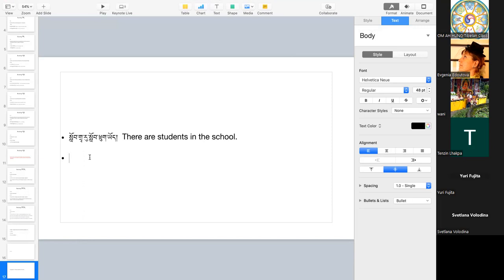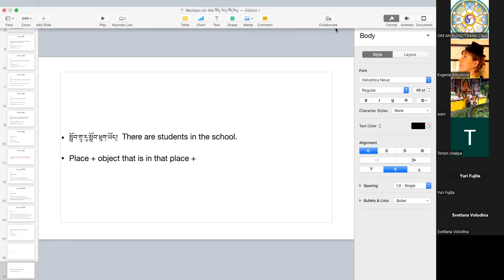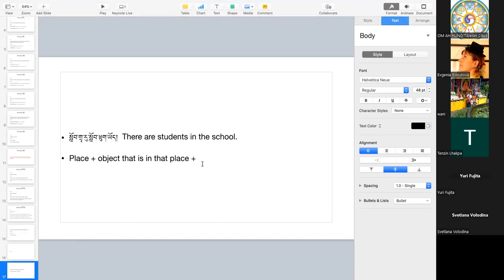So statement is the place where it exists, or position, with the object that is in that place, and the confirmation of the relation between the position and the object that is at that position with the particle yö.